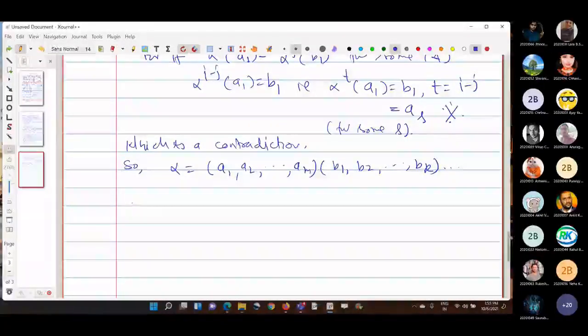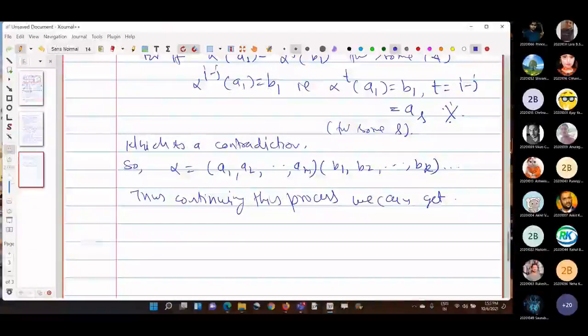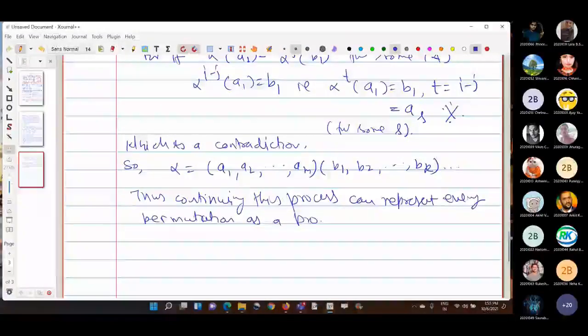Continuing this process, we can represent every permutation as a product of disjoint cycles.